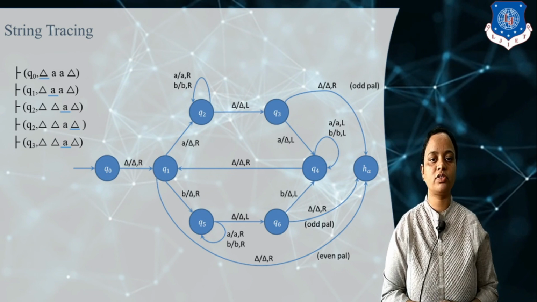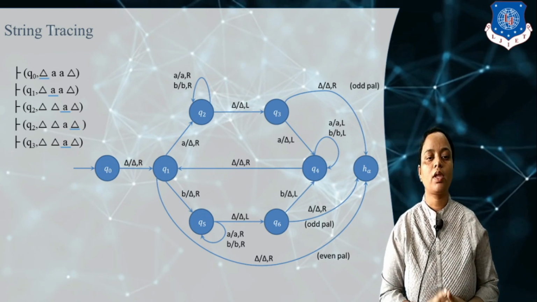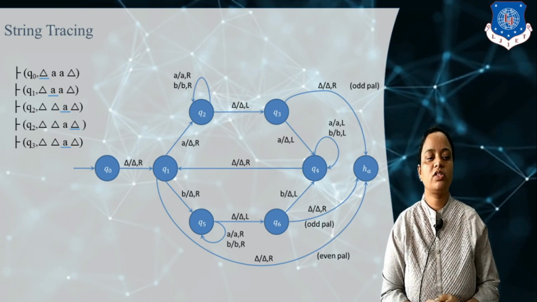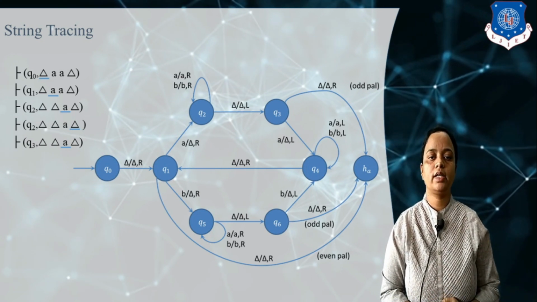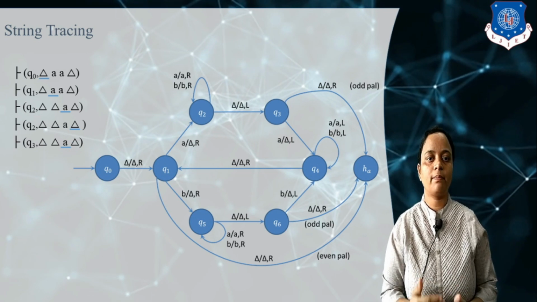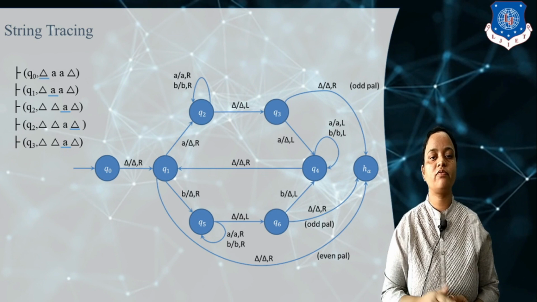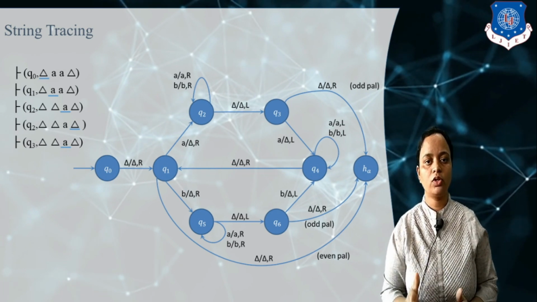Now at q3 state, and the tape head is pointing to the symbol A. So q3 says that if it is A, it is replaced by delta and move to the left side. So for doing this we change the state from q3 to q4.